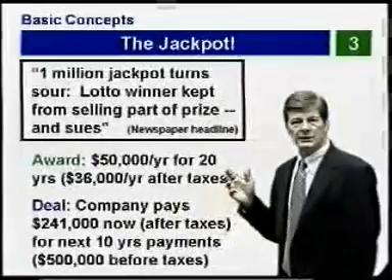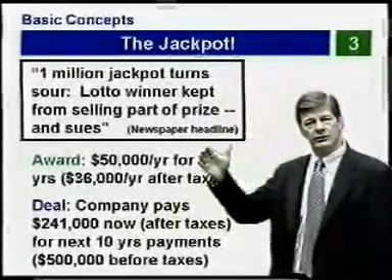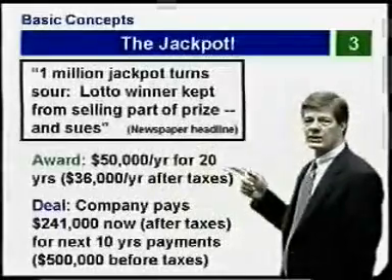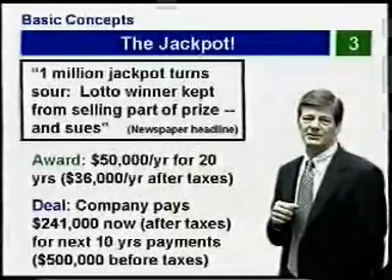Now, the lotto winner gets to keep the last 10 years, that is, from time 11 through time 20 of the earnings. But what they were interested in was him signing over the first 10 years' worth of winnings.